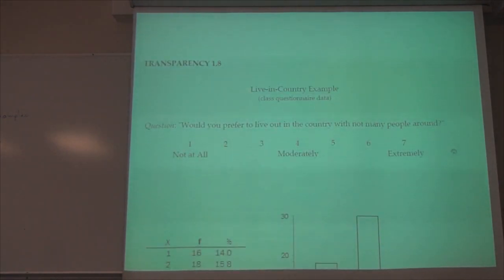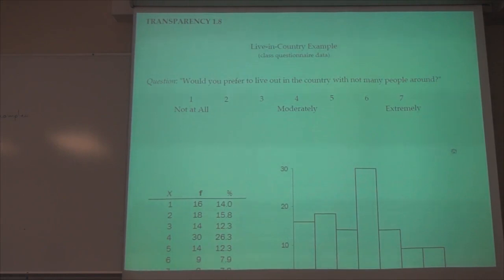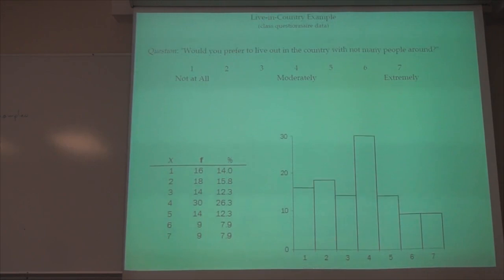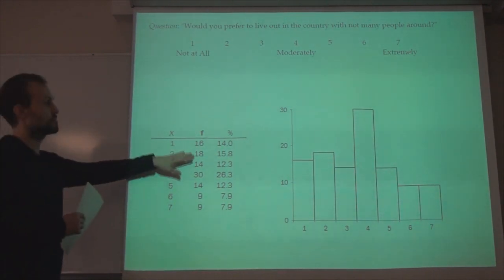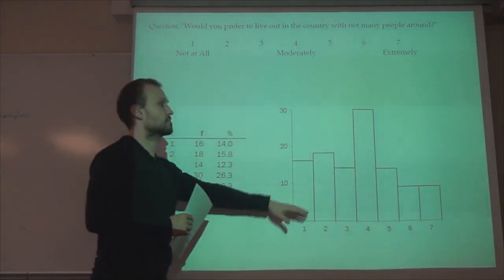Alright, histogram. So if I look at the living in the country example, where people indicated how much they wanted to live in the country away from everyone else, I have my frequency table on the left there, and the profile for how the frequencies are distributed would be represented by the histogram.